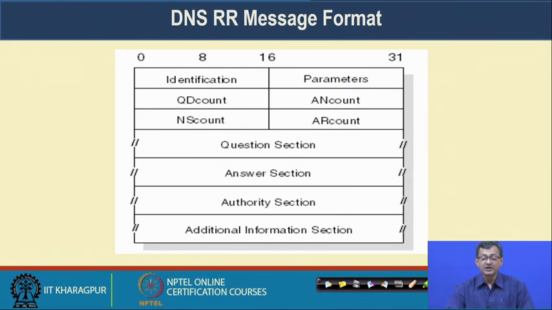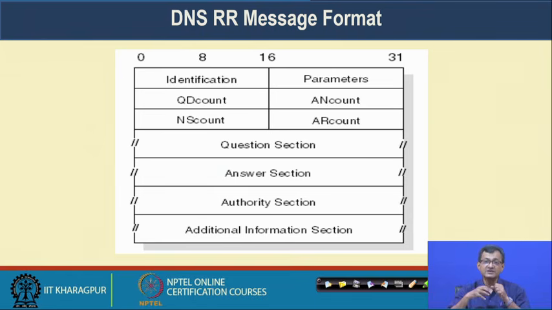This is a typical RR message format, where some identification is required, parameters, query count, answer count, NS count, and AR count. So, these are record counts, and we have the question section, answer section, authority section, and additional information section. So, this comprises the RR message format.